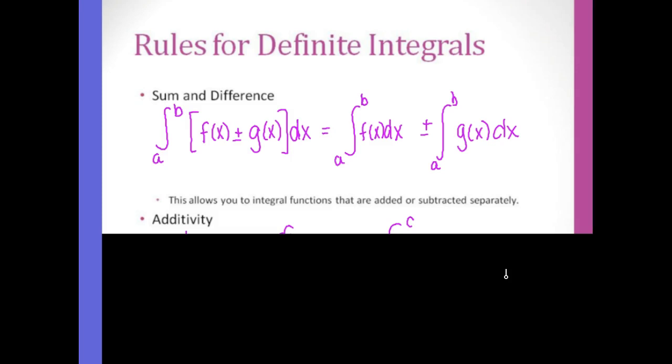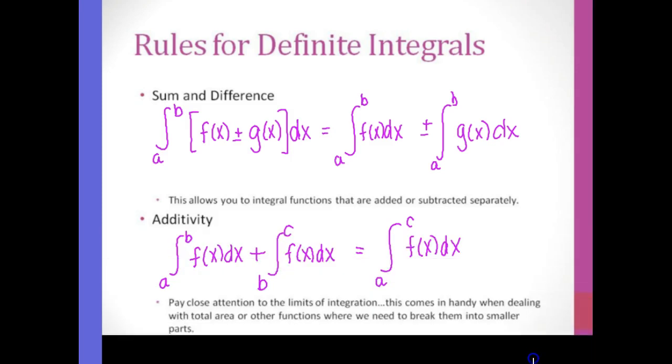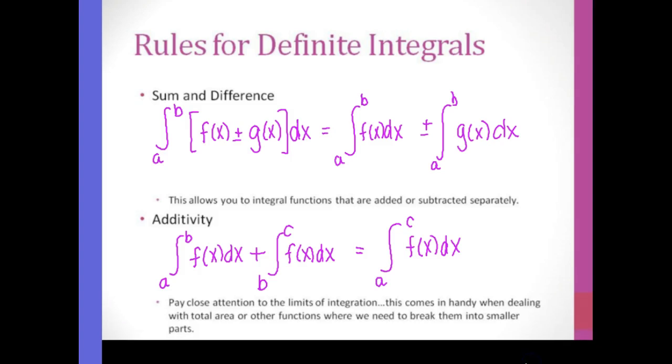Additivity. So this is another important one. What it says is that you can add two integrals together for the same function as long as they continue from each other. So we do that when we look at two geometric shapes, and maybe you have one triangle and another triangle.